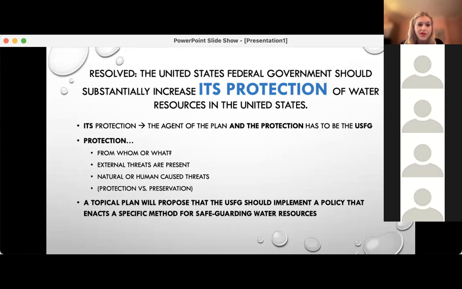And then there will be a specific plan proposing what type of policy and action or regulatory scheme could be implemented in order to solve and safeguard the water resources against that harm. Does that make sense?